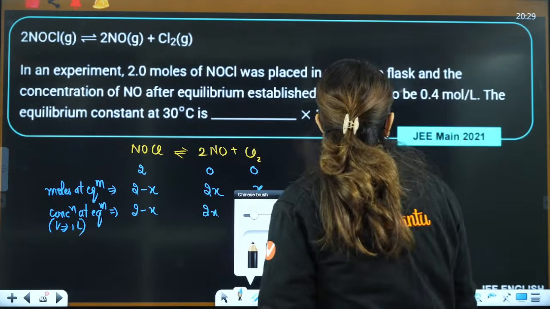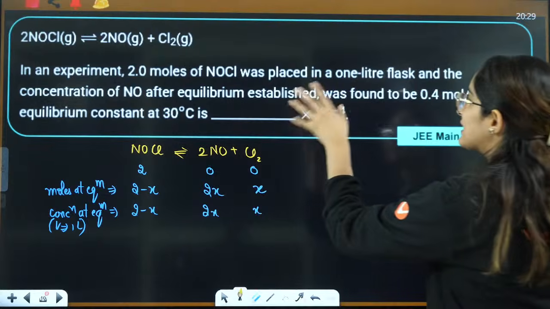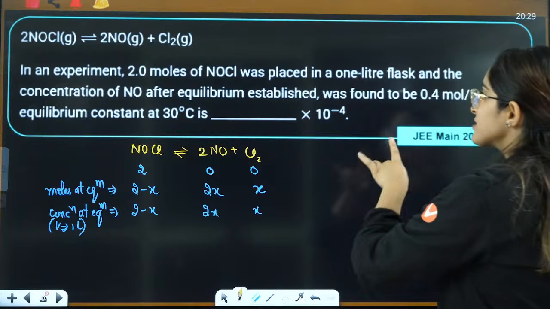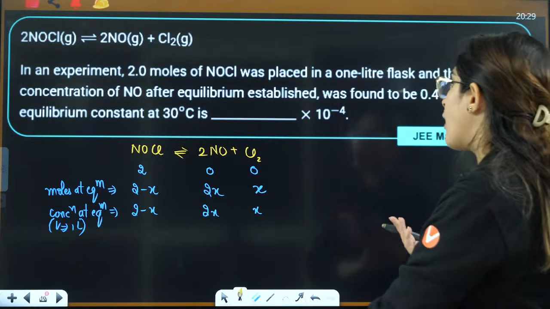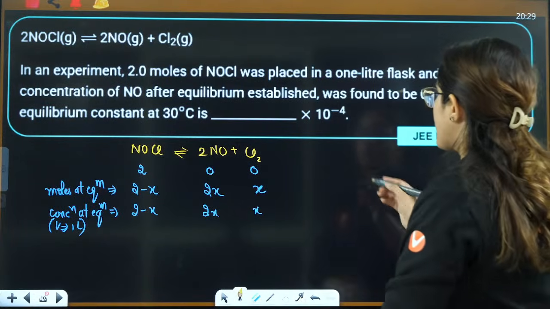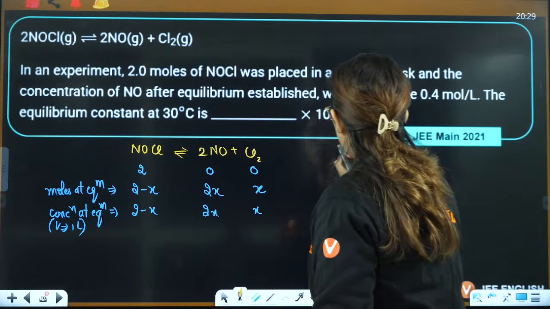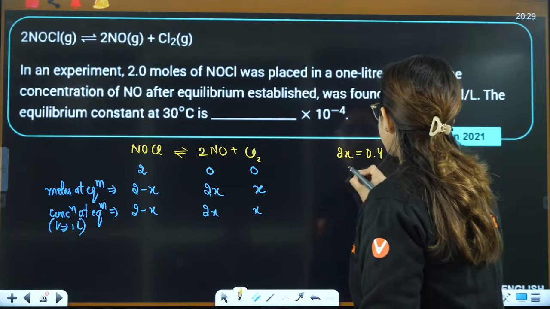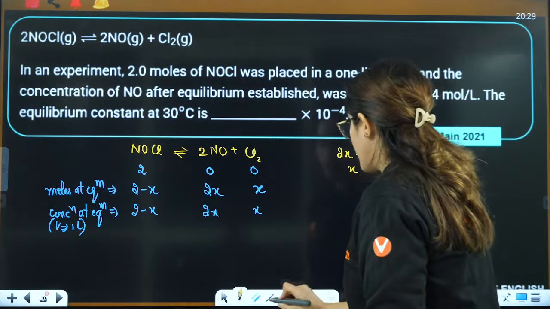So now they have given you that after the equilibrium has been established, the concentration of NO was found out to be 0.4. That means this value, 2x value is found out to be 0.4. That means x is equal to 0.2, right?